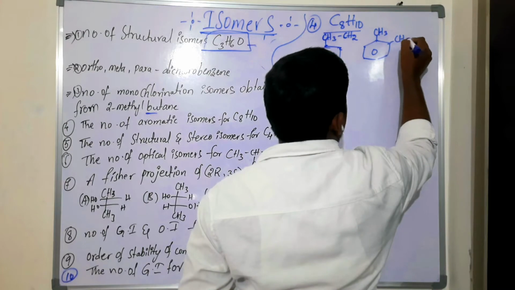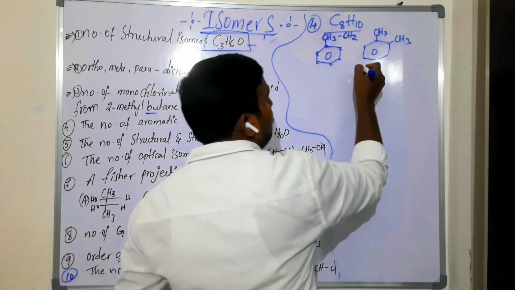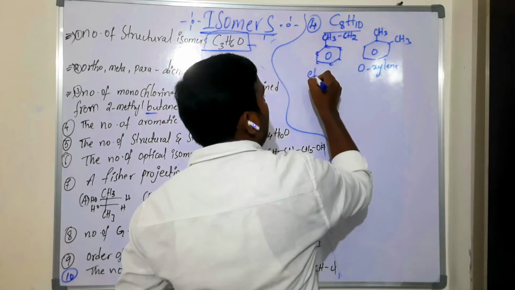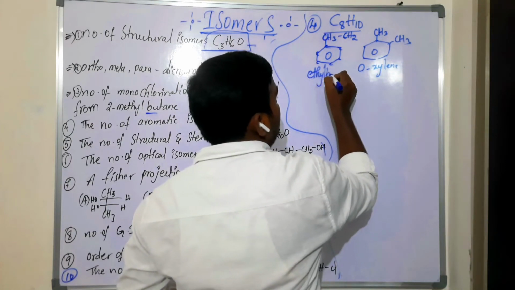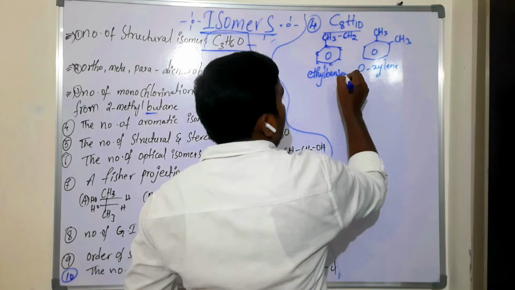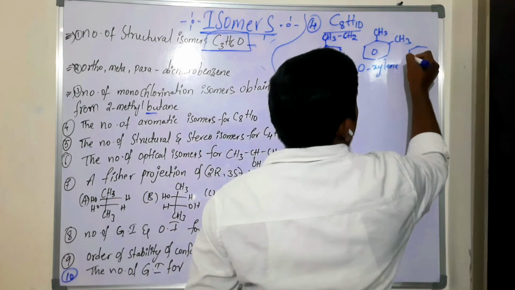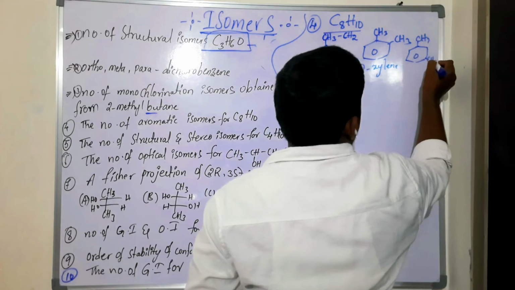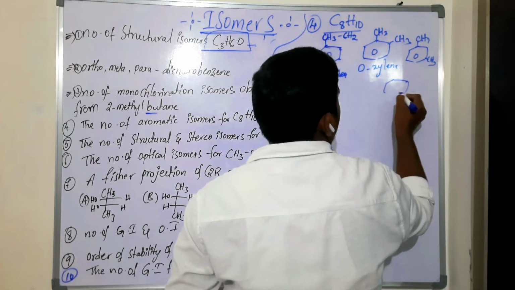CH3, CH3. Now it is called orthoxylene. The first one is ethyl benzene. This is orthoxylene. You take the metaxylene, and you take another one.